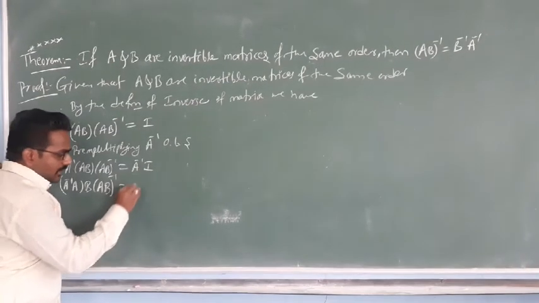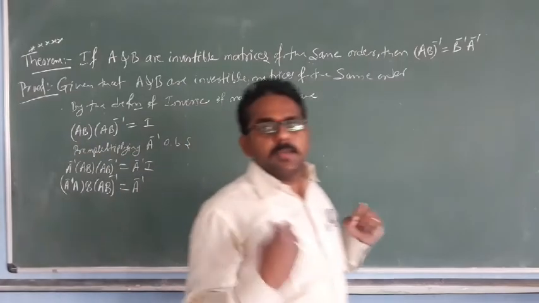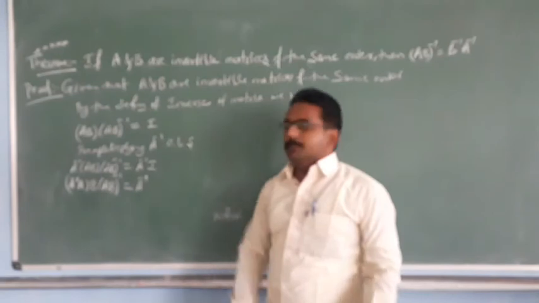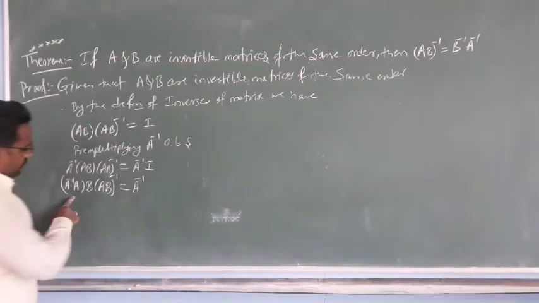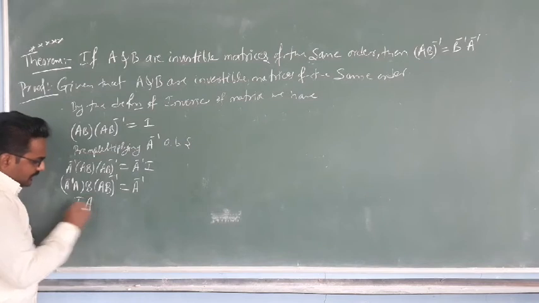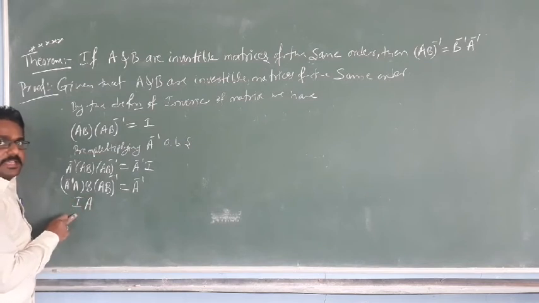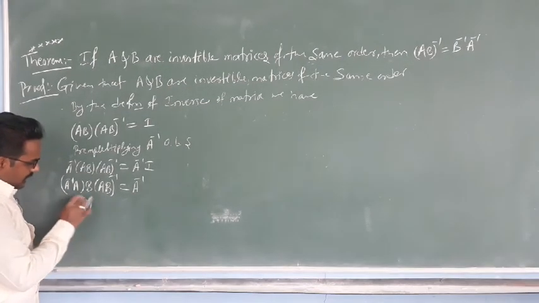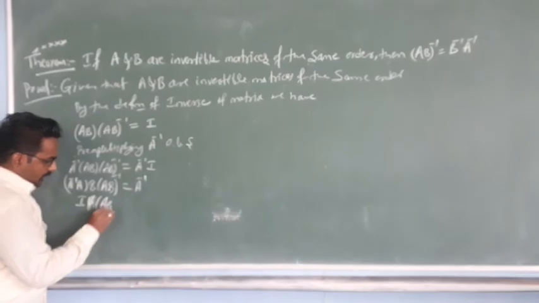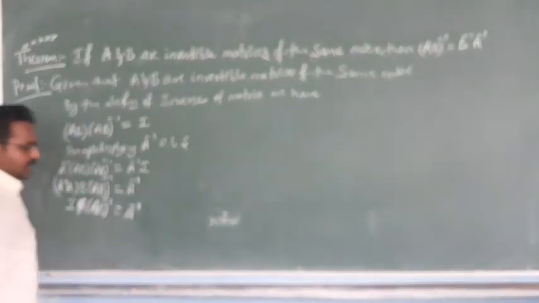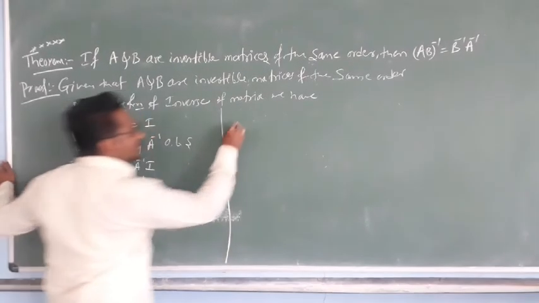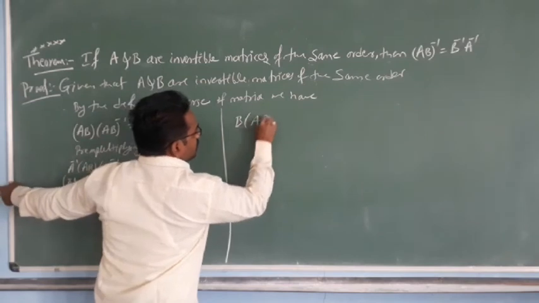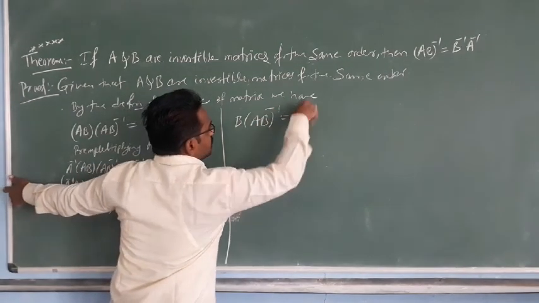A inverse into I is A inverse, because if you multiply any matrix with the identity matrix, you get the matrix itself. And A inverse into A is the identity matrix. I into B into (AB) whole inverse equals A inverse. Again, what is I into B? It is B itself. B into (AB) whole inverse equals A inverse.